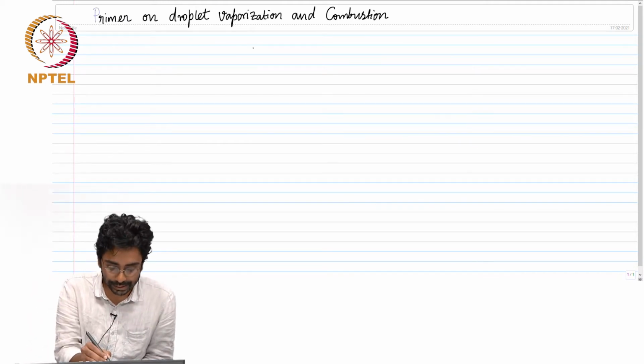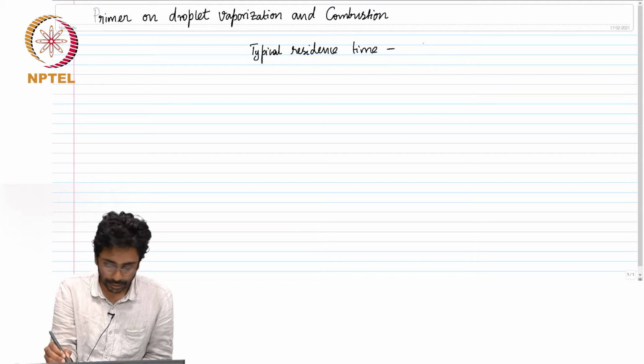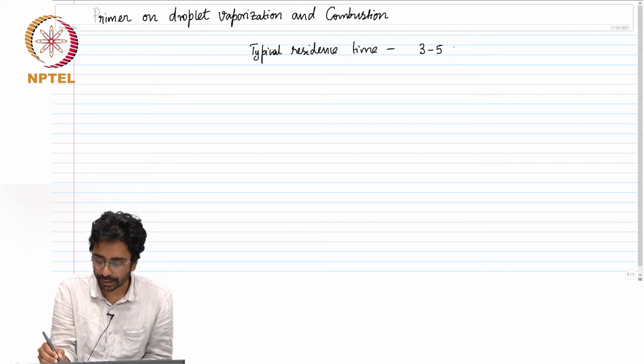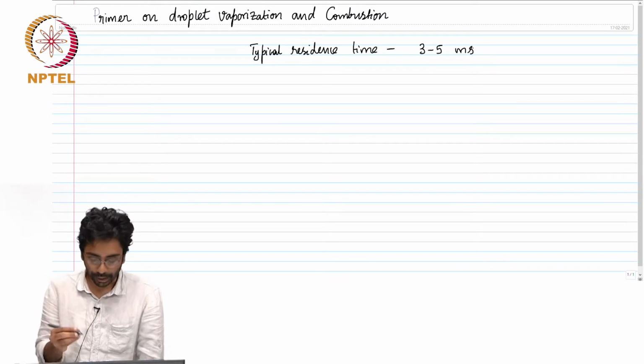So, typical residence time is 3 to 5 milliseconds. And what did we see now?